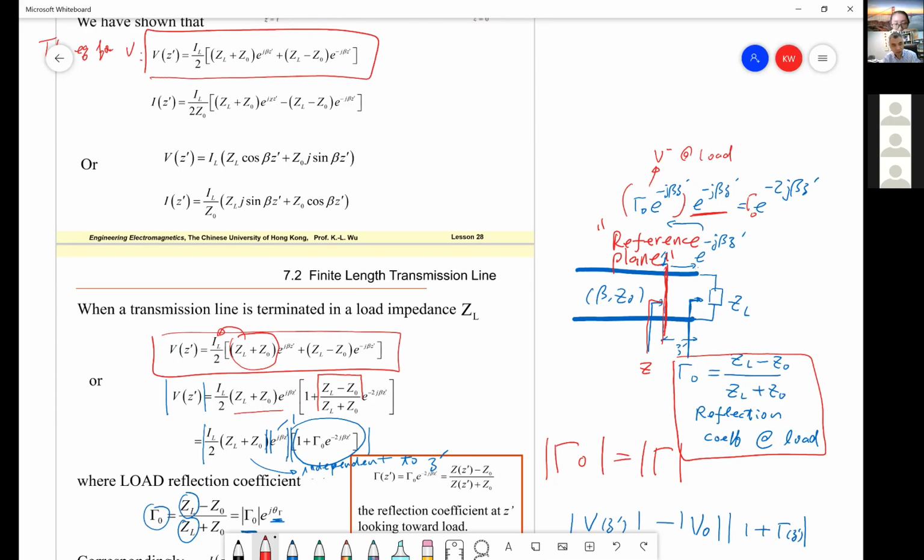Every time you observe it, always look toward the load, okay? Is that clear? No matter if you're young or old like me. So look toward the load, and define where you look from as the reference plane. Then the statement you make makes sense. Otherwise, it doesn't make sense, all right?